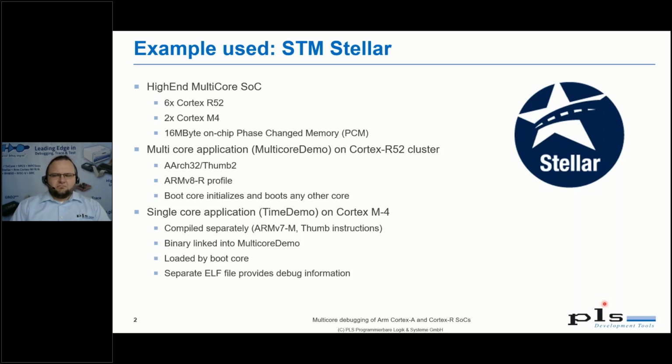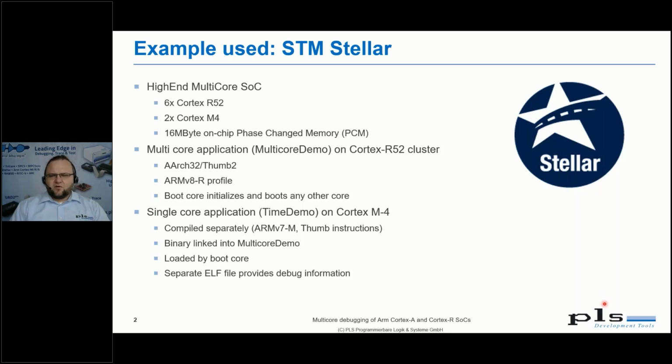We are using a sample application that is running on that target processor. We have, in the end, 3 different applications. One is running on the R52 cluster, running an ARM version 8 R profile, and this application boots up the whole system and starts up all the other cores.